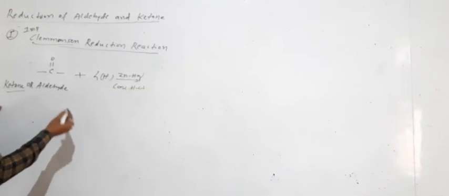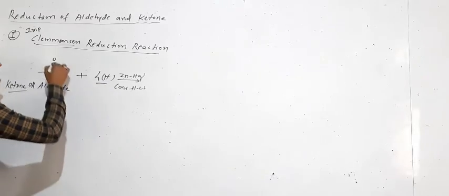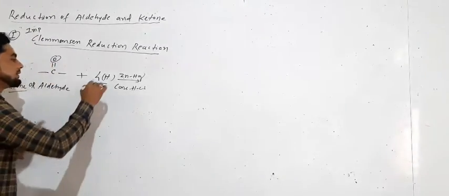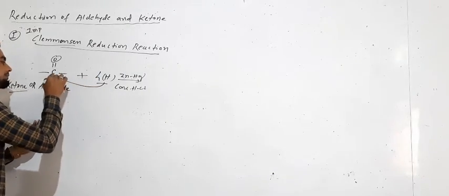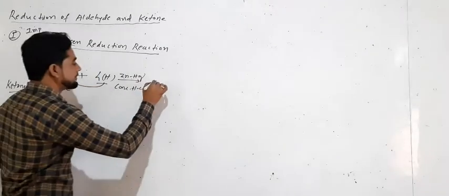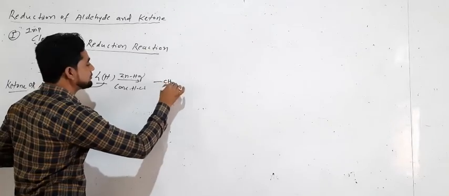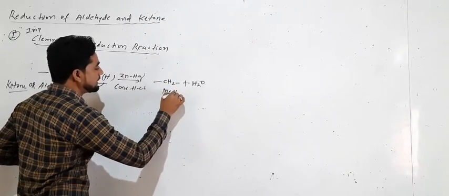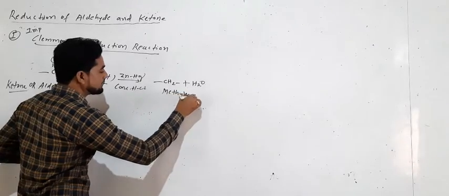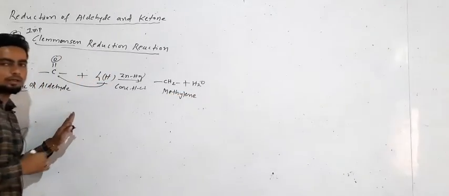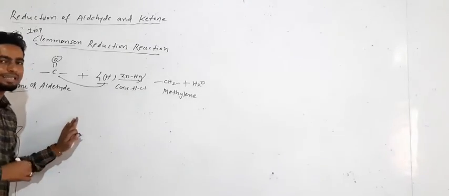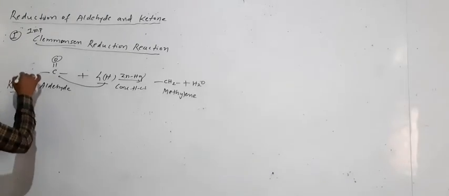What we get in this reaction? 2 hydrogen and 1 oxygen go as byproduct H2O molecule. In the remaining part, these 2 hydrogen are bonded to carbon. So we get CH2 plus loss of water molecule. This CH2 is called methylene. Clear है बेटा? और member of the alkane. ठीक है? Now we take the example here.